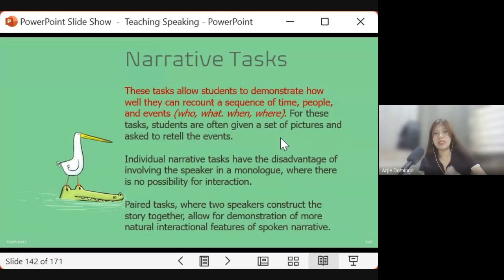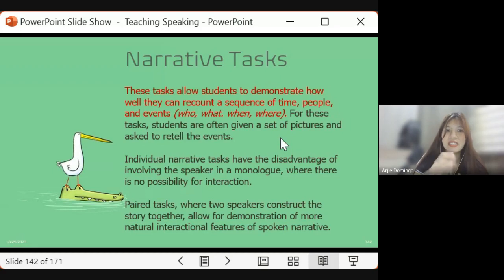Second task would be a narrative task. The difference between a narrative task and a description task is that when you are doing a description task, you just ask your students to describe. However, in a narrative task, you narrate. There's a sequence. For example, you will give them a set of pictures to retell the events, or you will ask them to tell a story.